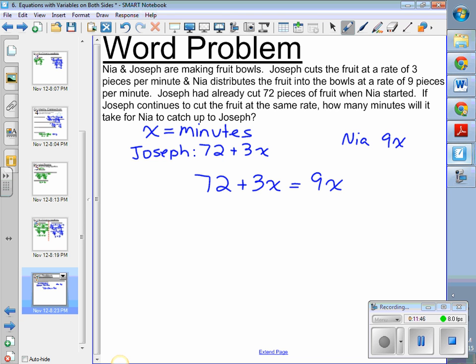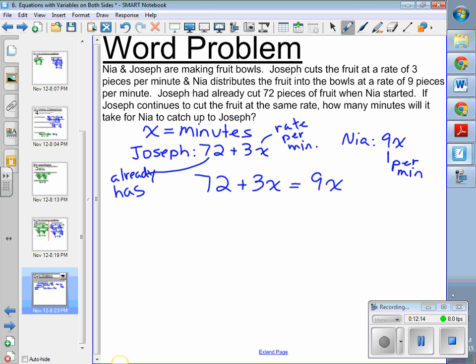So we've got that. Now, let's identify real quick. This is what Joseph already has. This is his rate for cutting per minute, right? And this is Mia's per minute rate.